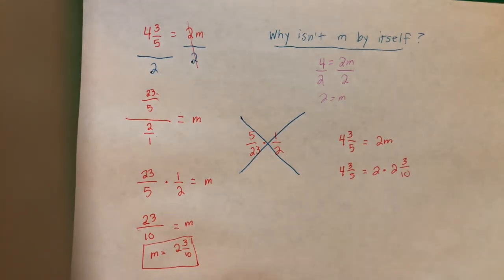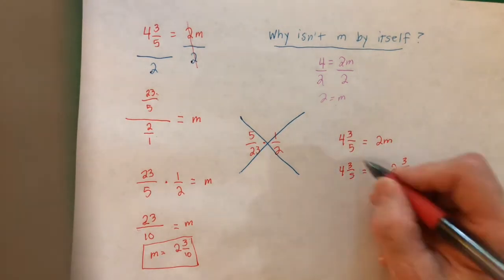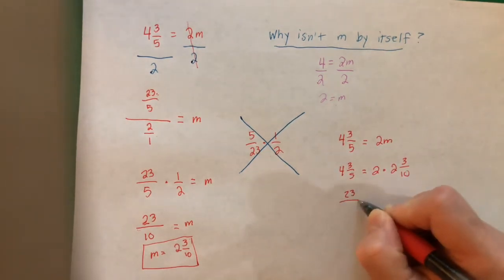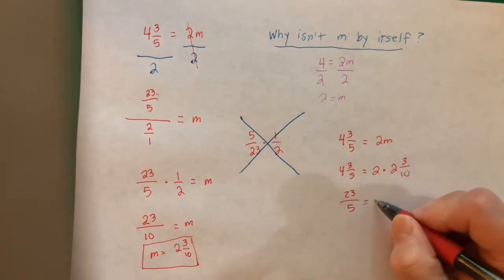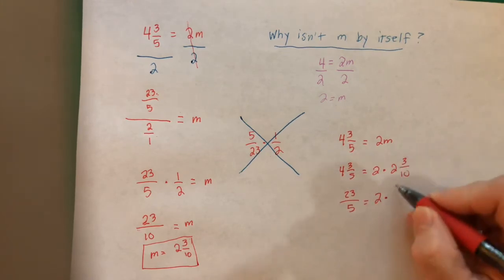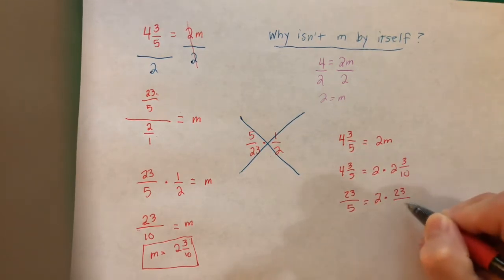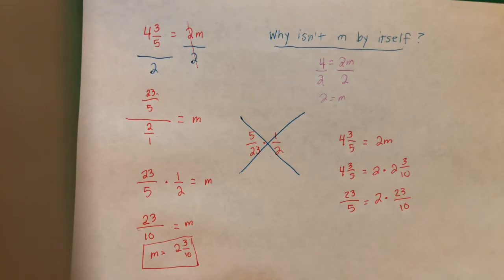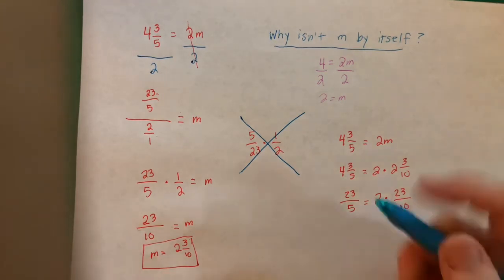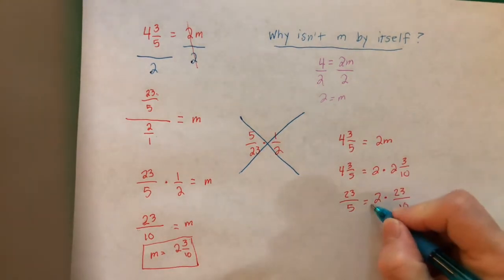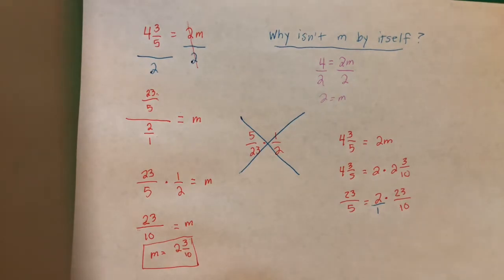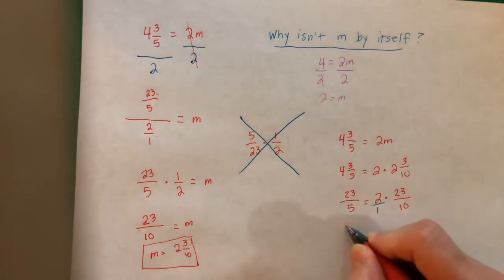Let's change these to improper fractions so we can multiply. 23 fifths equals 2 times 23 tenths. Now, if you need to write this as 2 over 1, you may do that.